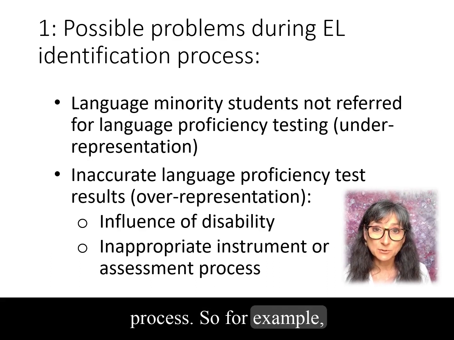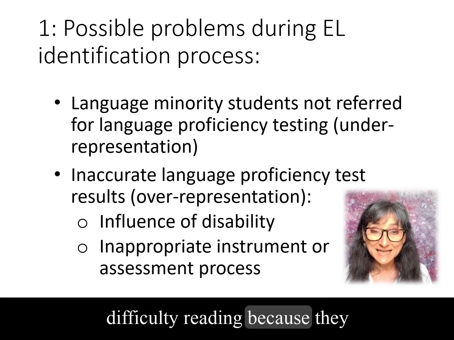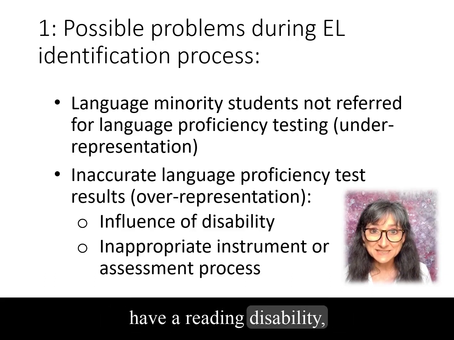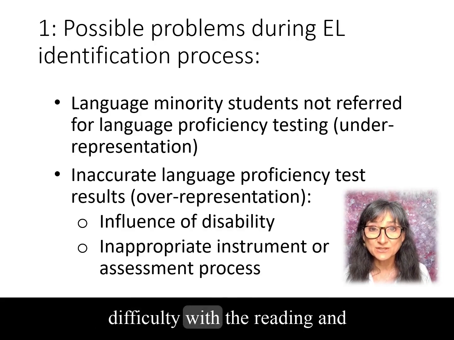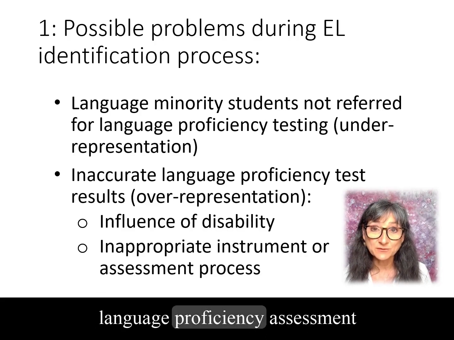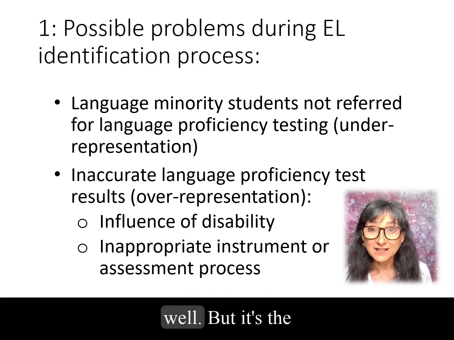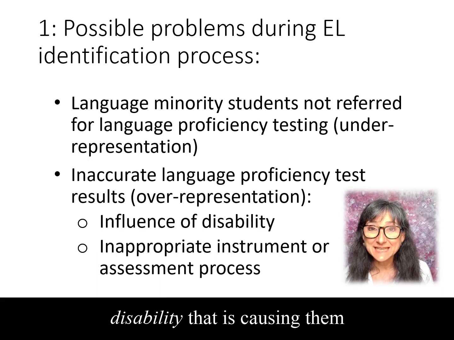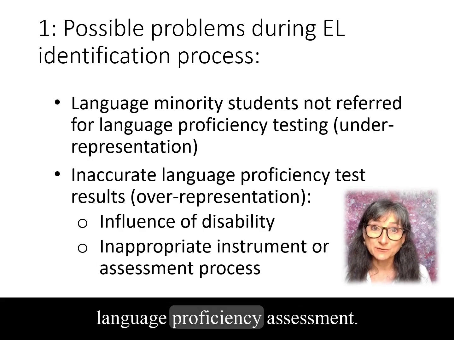So for example, if a student is having difficulty reading because they have a reading disability, they may continue to demonstrate difficulty with the reading and perhaps writing portion of a language proficiency assessment, even though they know English well, but it's the disability that is causing them to have a lower score on the language proficiency assessment.